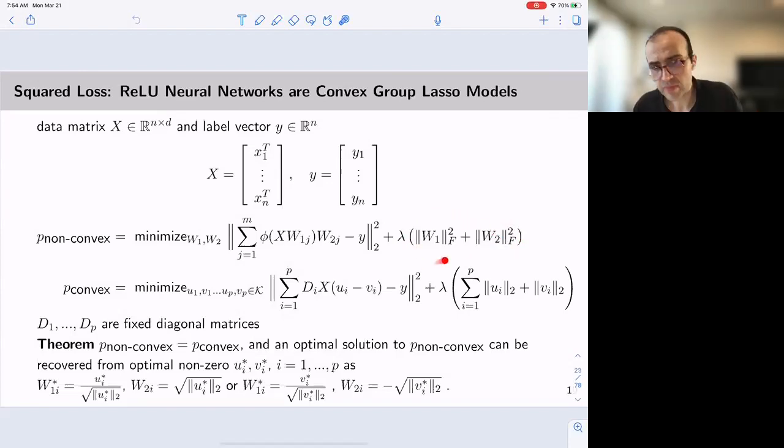In neural network literature, people call this the weight decay regularization. It's just L2 norm regularization, that's also used in least squares. So if you solve the convex optimization problem, there is a closed form normalization here, which will give you the optimal layer weights, W1 and W2, in the non-convex problem.